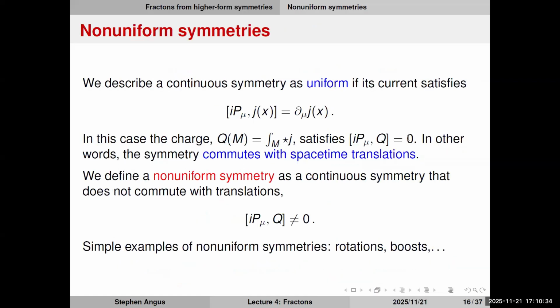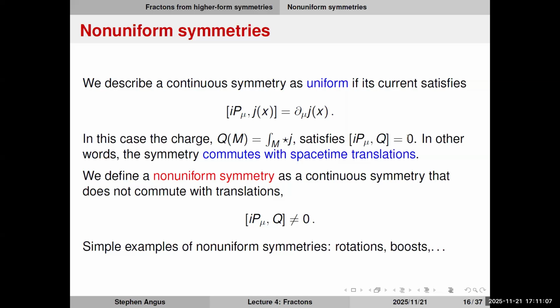Okay, so that was an overview and reminder of higher form symmetries. And now I want to introduce this term non-uniform symmetries. So we can describe a continuous symmetry as uniform if its current satisfies this commutation relation, where P_mu is the momentum generator that generates translations, or the momentum operator, and J of x is the current.